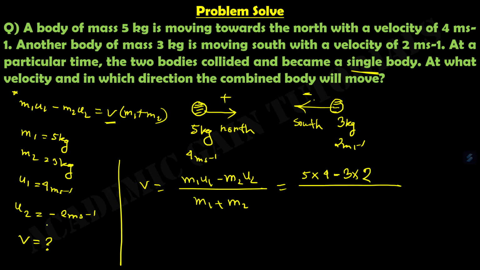As this minus we actually represent in this formula, we don't need to write it again. And for the masses, this is 5 kg and 3 kg, so this is divided by 5 plus 3.